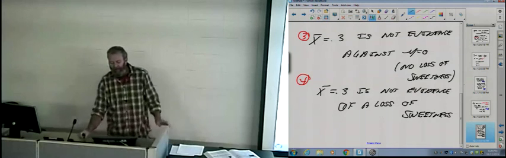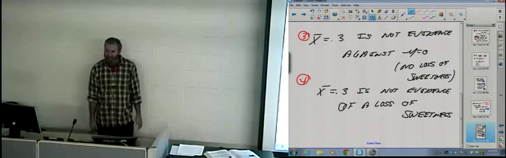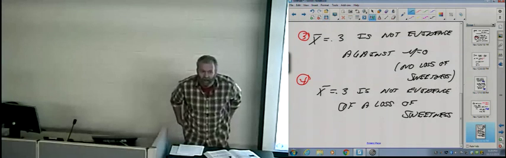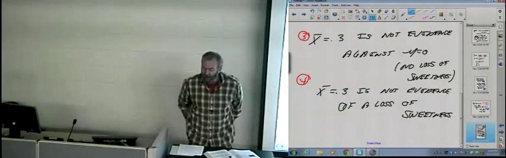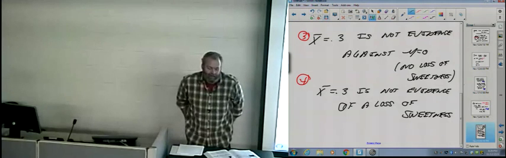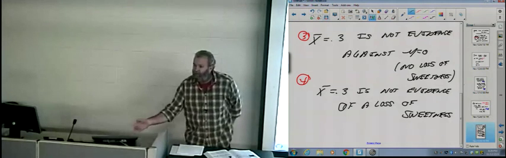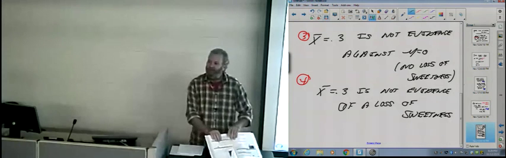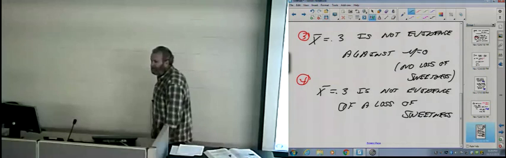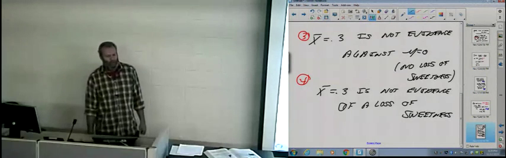See, because if I had evidence against mu being 0, no loss of sweetness, then I would have evidence for a loss of sweetness. Since I don't have any evidence against no loss, I don't have any evidence for a loss of sweetness. Now you see that number 4? That answers your question that's in the problem here. Are these data good evidence that the cola lost sweetness in storage? And the answer is no.